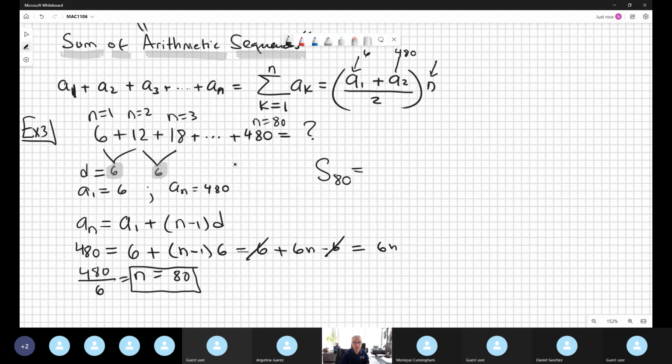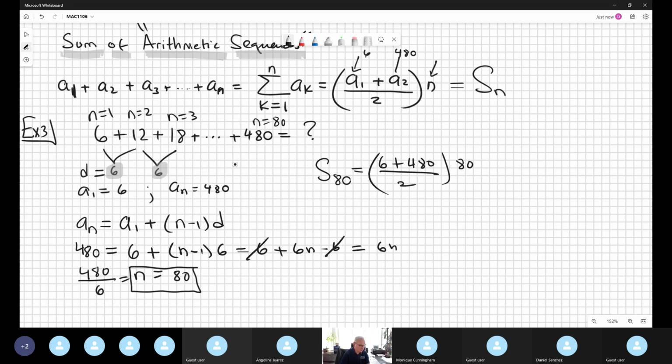Let me use this new notation: S sub n, the summation of 80 elements, is 6 plus 480 divided by 2 and multiplied by 80. Okay, it's easy because you're adding this.